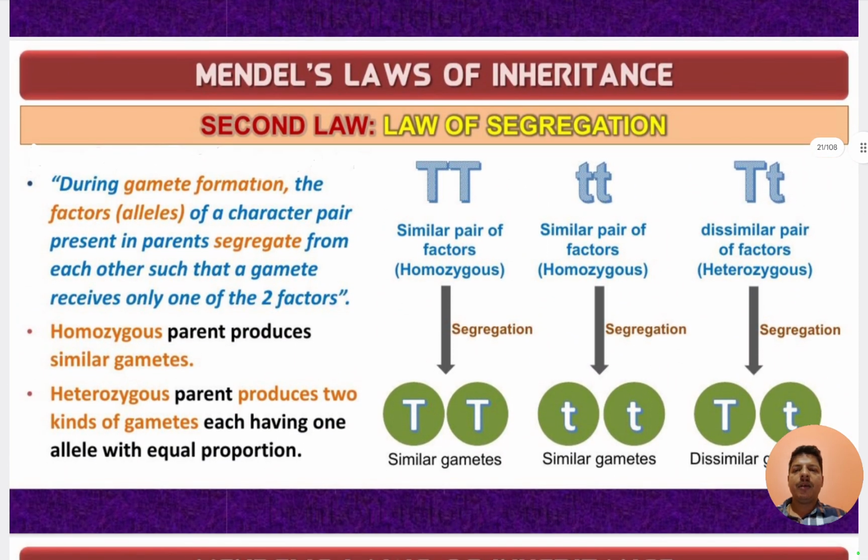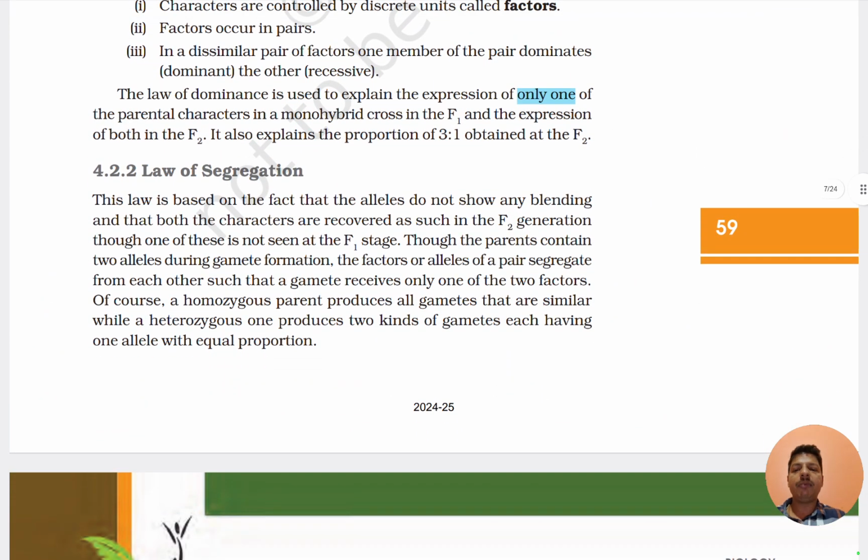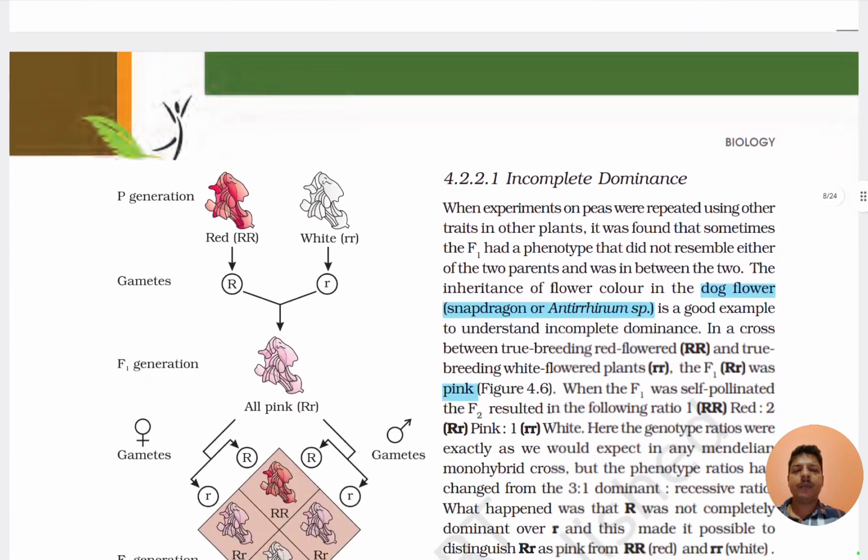Here, during gamete formation, the factors of a character pair present in the parent segregate from each other such that a gamete receives only one of the two factors. That is the law of segregation.